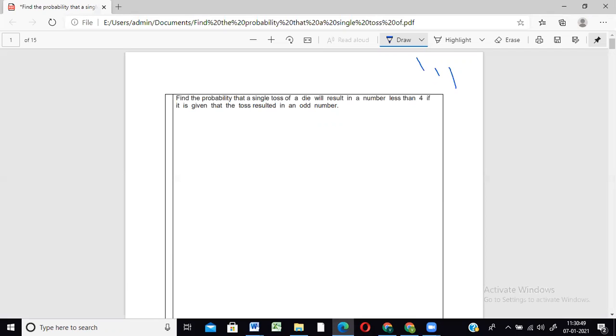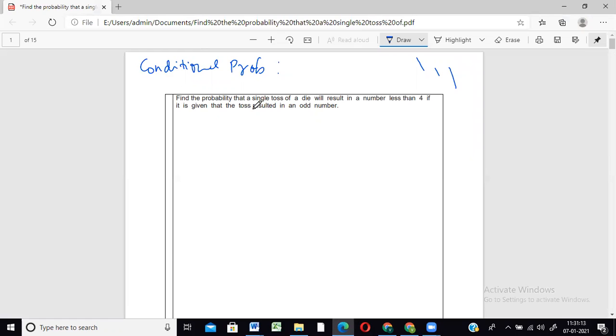Now, what was conditional probability, by the way? Let us have a quick recap. Conditional probability was nothing but, I'll just write it in short, because the explanation was done last time.